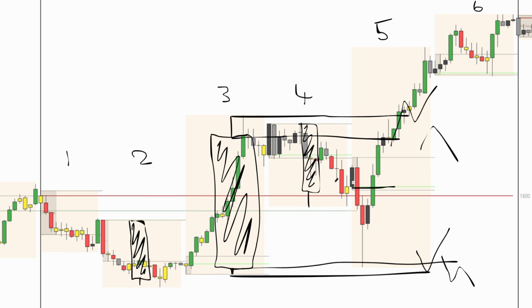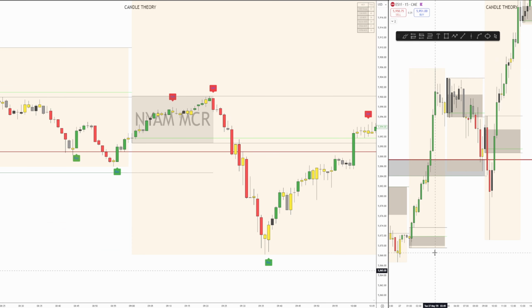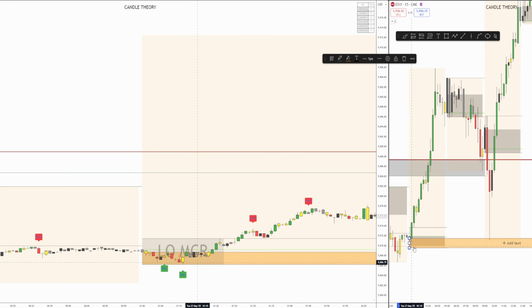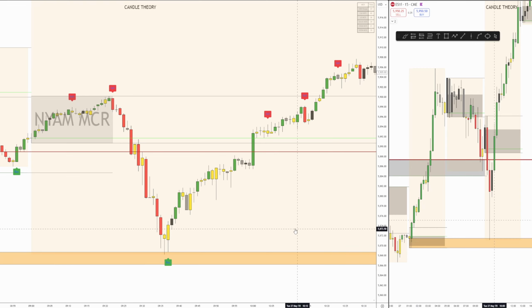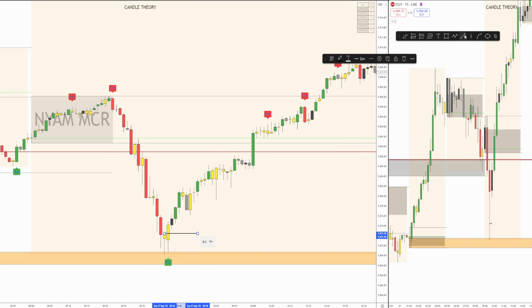Last thing is how we could have gotten into this trade on the 1 minute. And let's get into the live chart. I'm going to highlight this profile edge that we reacted off of. Price sold from the top of New York AM MCR. And then once we got to the profile edge, we had a candle count from the candle that was the lowest candle that interacted with that point of interest.